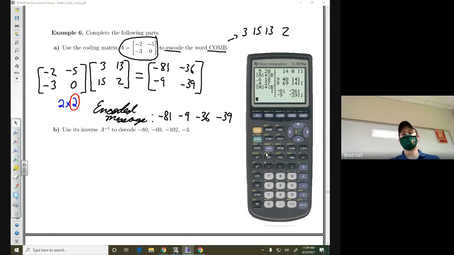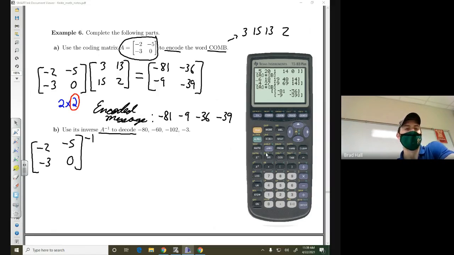Now, what about if you received a message and you wanted to decode it? So notice they even tell us, use A inverse to decode. And so with decoding, -2, -3, -5, and 0 was the encoding matrix. You have to find its inverse anytime you decode. The message we want to decode is -80, -60, -102, -3.